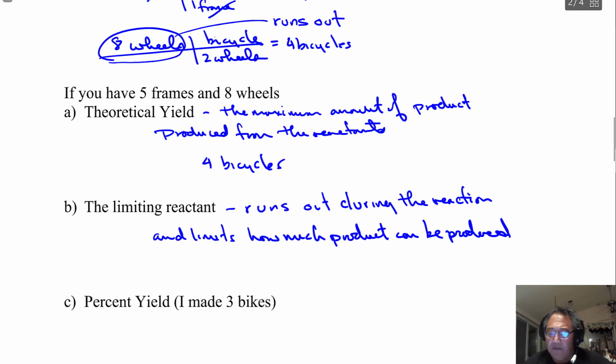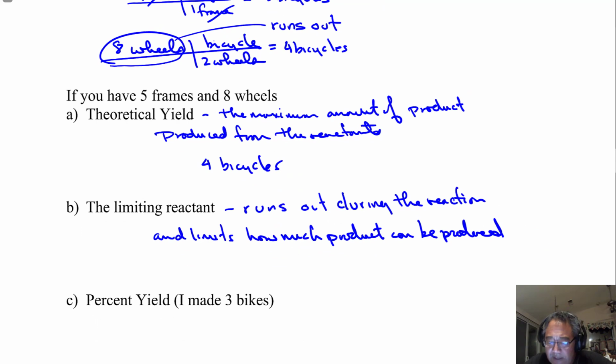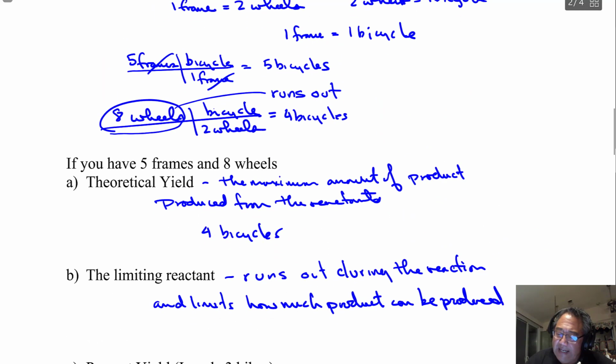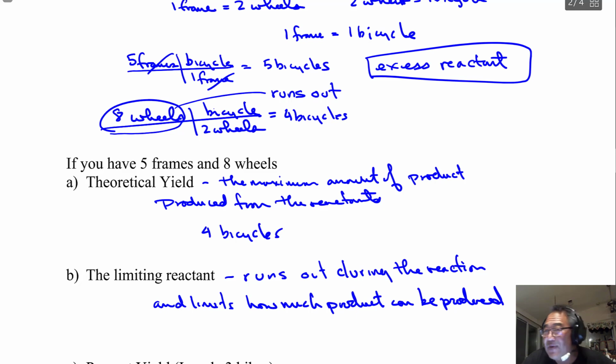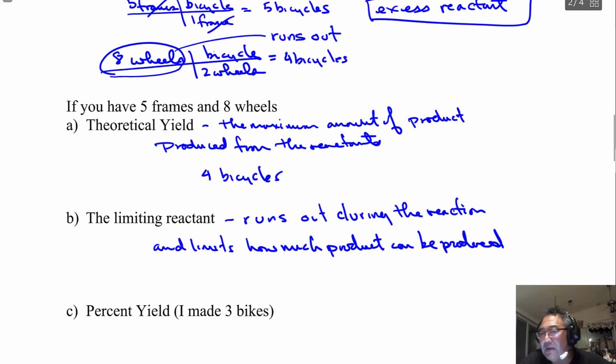So there's a theoretical yield, there's a limiting reactant, and we also have an excess reactant. The excess reactant is the one that doesn't run out. If you're trying to calculate a theoretical yield and you're only thinking about one reactant, and you have a lot of other stuff, you just need to calculate from that one reactant how much product can be made, and that'll be the theoretical yield.